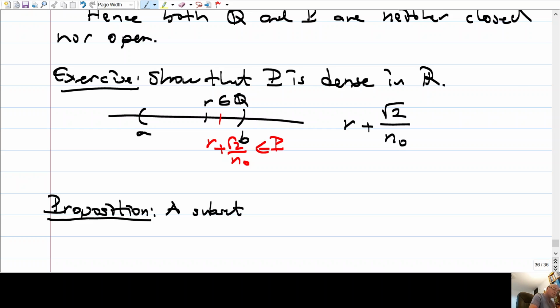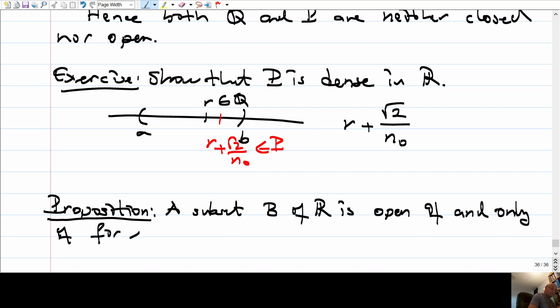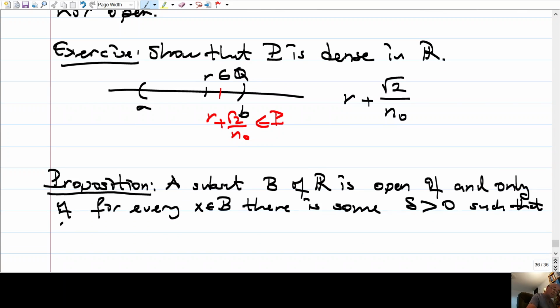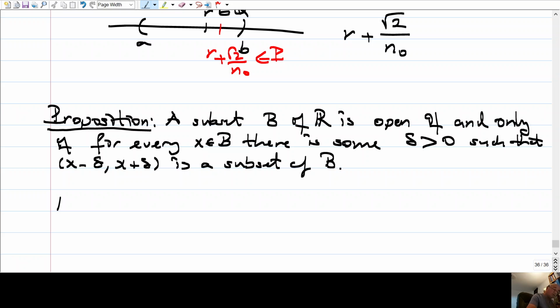A subset B of R is open if and only if for every x in B, there is some delta positive such that the interval (x minus delta, x plus delta) is a subset of B. So this proposition tells us the following.